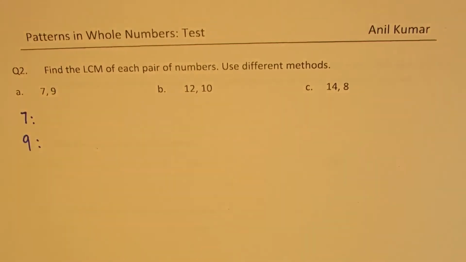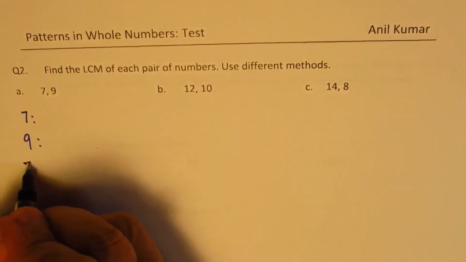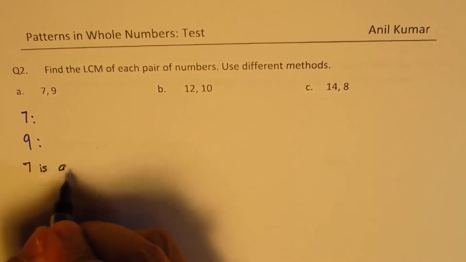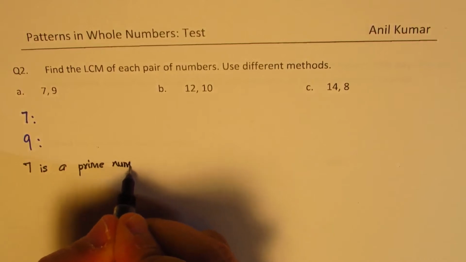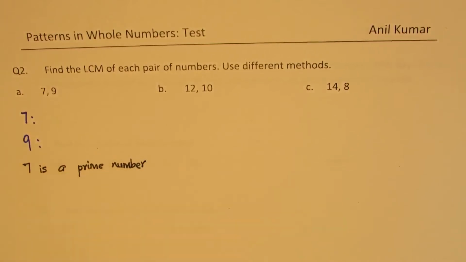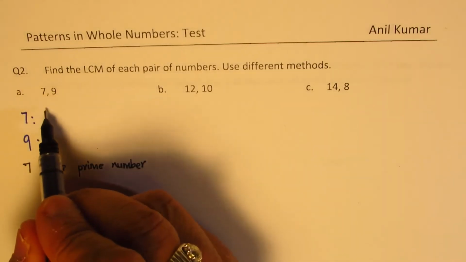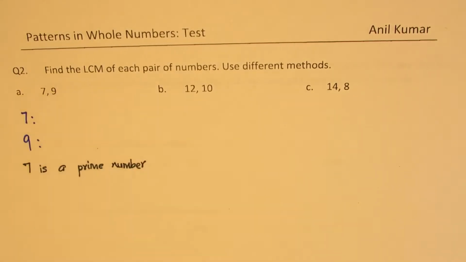What do you notice? Well, we know that 7 is a prime number. Since 7 is a prime number, the lowest common multiple will be the product of the 2 numbers given to you, especially when the other number is not a multiple.